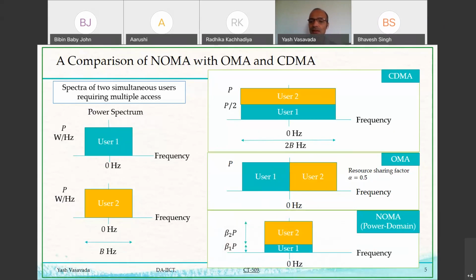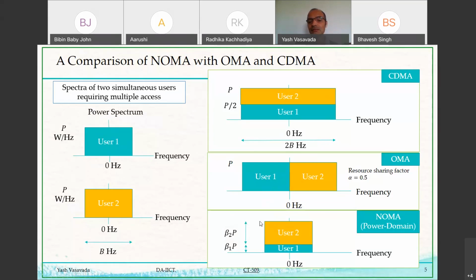And finally, in contrast, in NOMA, these two user signals may or may not be spread. If they are spread, then the spreading may not be the full 2 times B hertz, first of all.